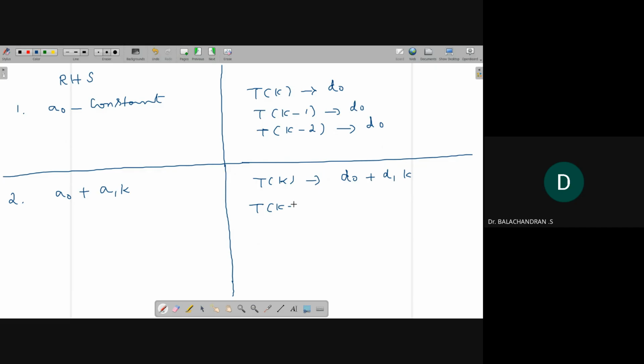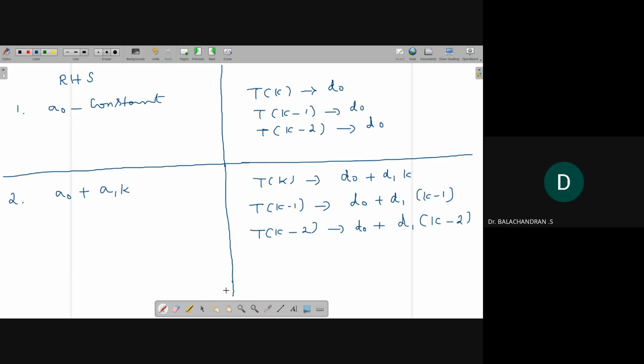For t of k minus 1, replace k by k minus 1: d naught plus d1 into (k minus 1). t of k minus 2 is d naught plus d1 into (k minus 2).